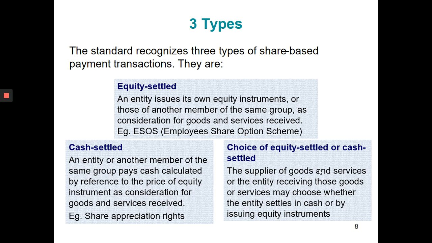Okay, kalau yang sebelum-sebelum ni dia dah tetapkan, okay, ni equity settle, ni yang ini cash settle. Tapi untuk yang ketiga ini adalah the supplier of goods and services or the entity receiving those goods or services may choose whether the entity settle in cash or by issuing equity instrument. So biasanya dalam soalan dia akan maklumkan kewujudan pilihan ni.